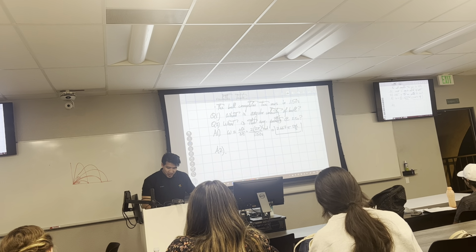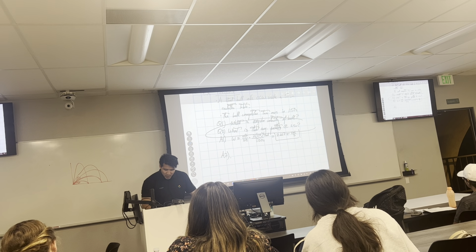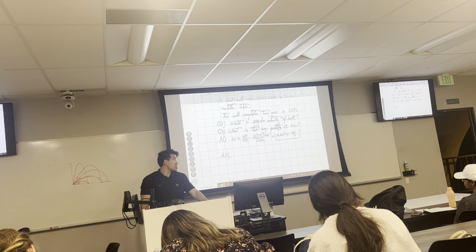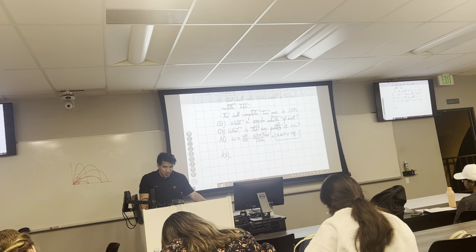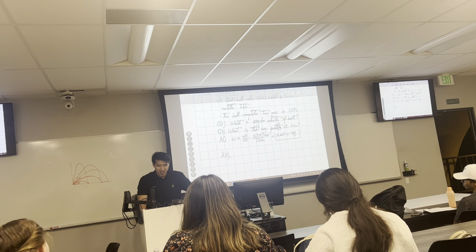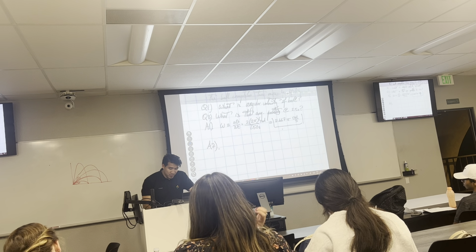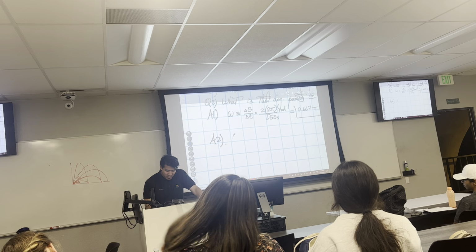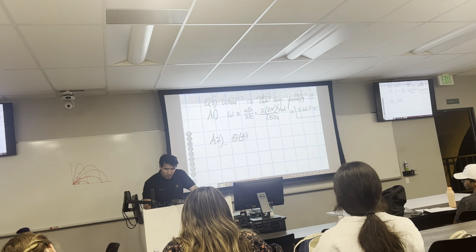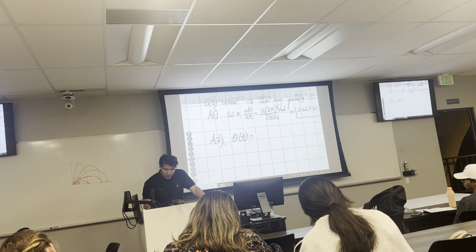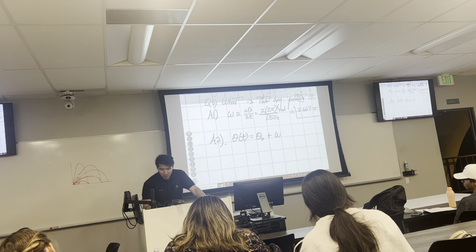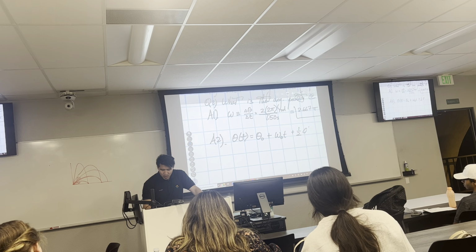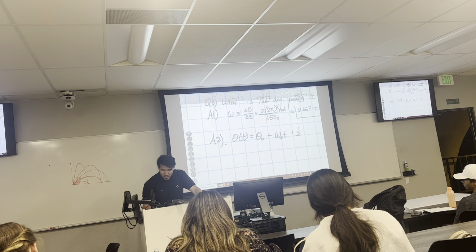Now, secondly, we want to know what is the angular position? So which theta value will the ball be at in 2.5 seconds? For that, theta of t is equal to theta naught plus omega naught t plus 1/2 alpha t squared.